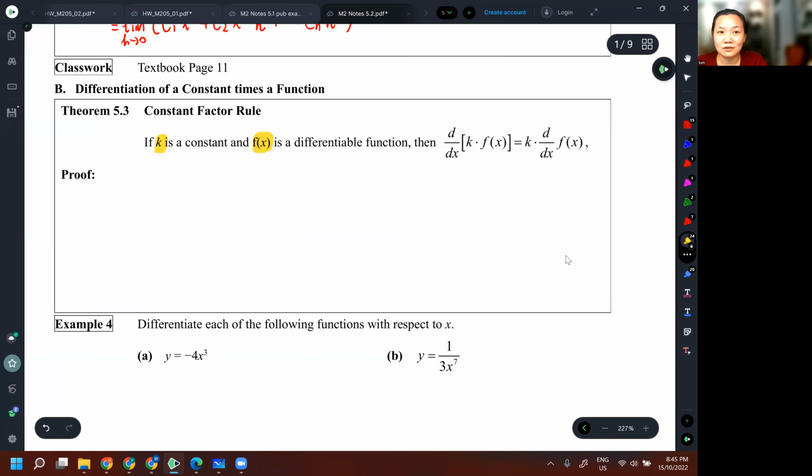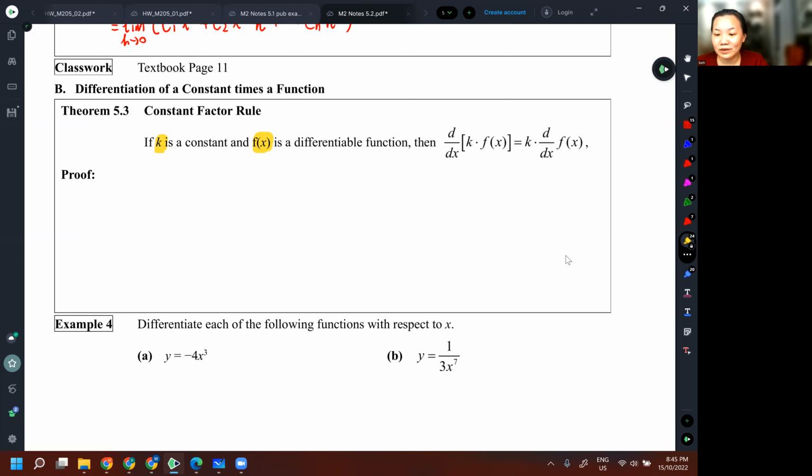It's written in formula form. This time I didn't use the prime notation. I used the d/dx notation. I'm searching for every opportunity to familiarize you with both notations. This time we use d/dx.